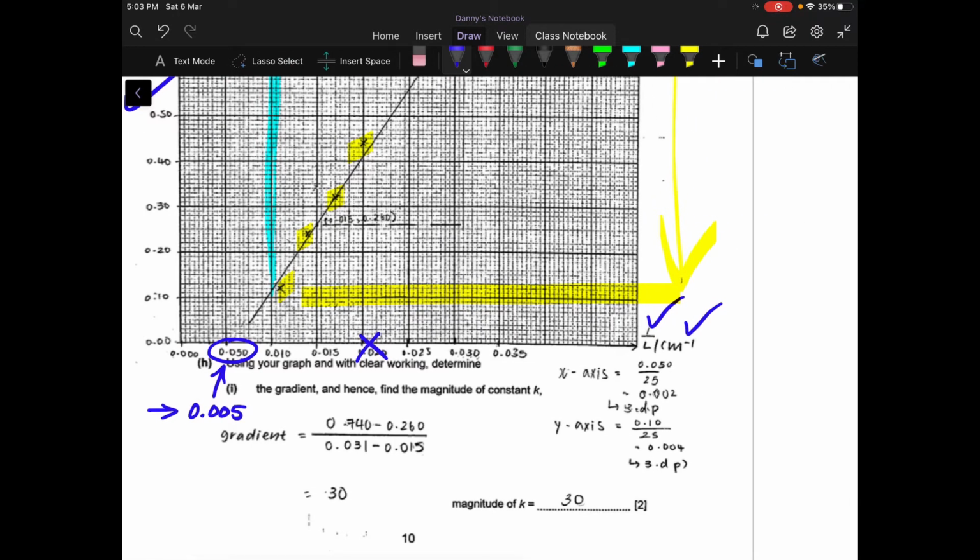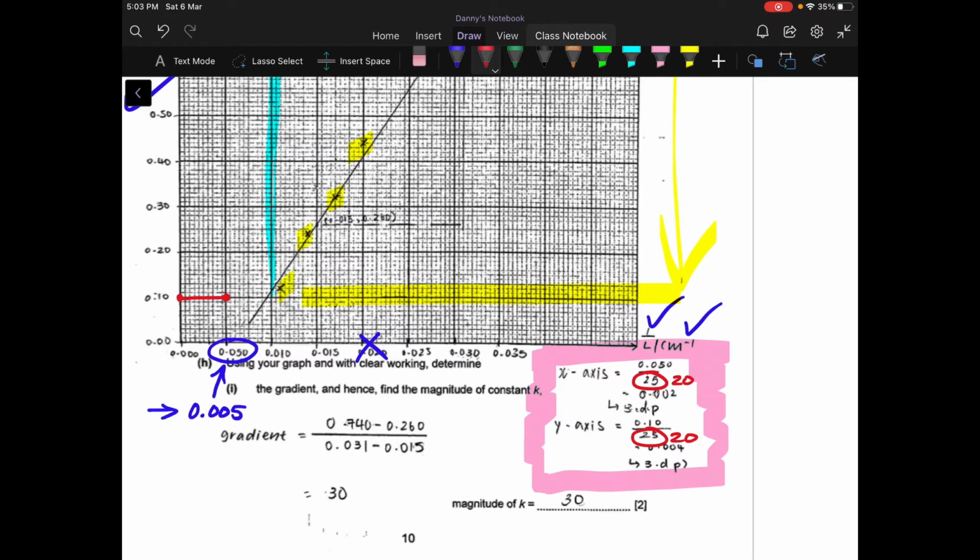The next thing is that I will check her precision. Looking at this part here, she is doing her precision calculation of each axis. One glaring error is this. You shouldn't be dividing by 25, it should be divided by 20, because you are reading to half the smallest. From this point to this point, there are 10 tiny squares, but you are going to read till half the smallest square.